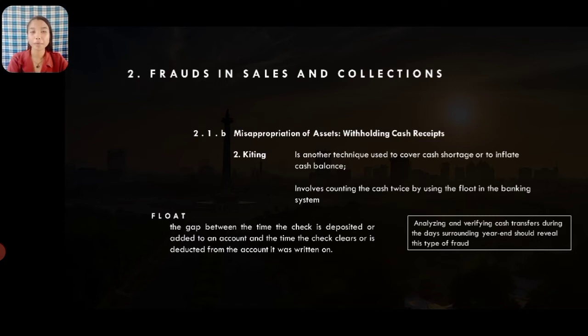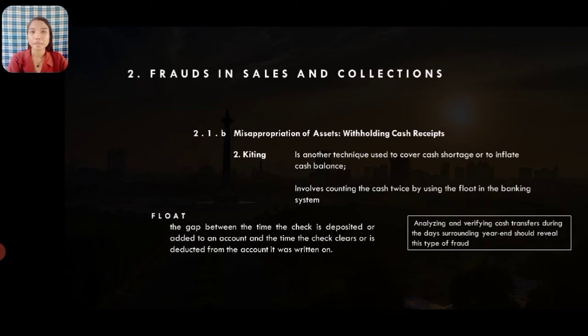For example, a bank account owner has $1,000 in Bank A, and in another bank, Bank B, a zero balance.